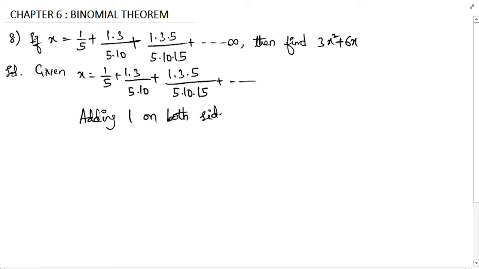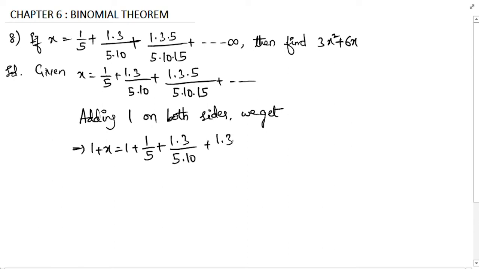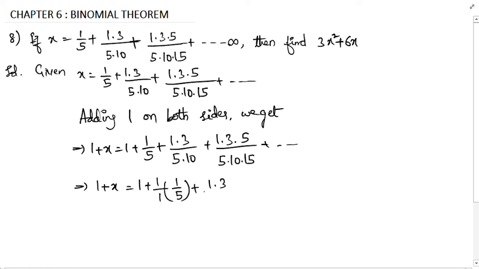Adding 1 on both sides, we get 1 plus x is equal to 1 plus 1 by 5 plus 1 into 3 by 5 into 10 plus 1 into 3 into 5 divided by 5 into 10 into 15 plus so on. So that implies 1 plus x is equal to 1 plus 1 by 1 into 1 by 5 plus 1 into 3 divided by 1 into 2 into (1 by 5) whole square plus so on.